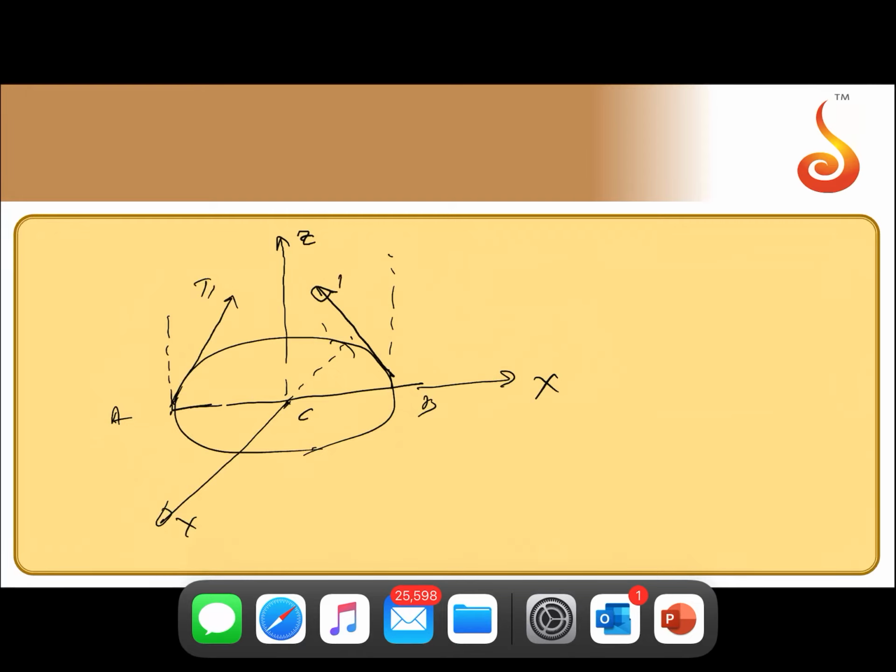T1, T2, theta, theta, current I, field B naught, and mu will be in this direction. The mu vector.